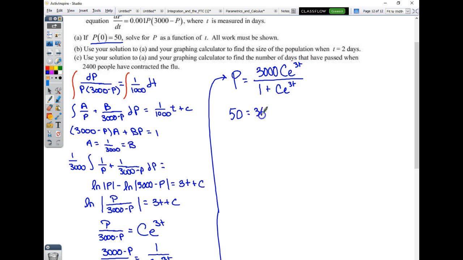So we get 50, 3,000 c times 1 over 1 plus c. Oh boy. So as you can guess, this becomes 50 plus 50c, multiplied that 1 plus c over, equals 3,000 c.